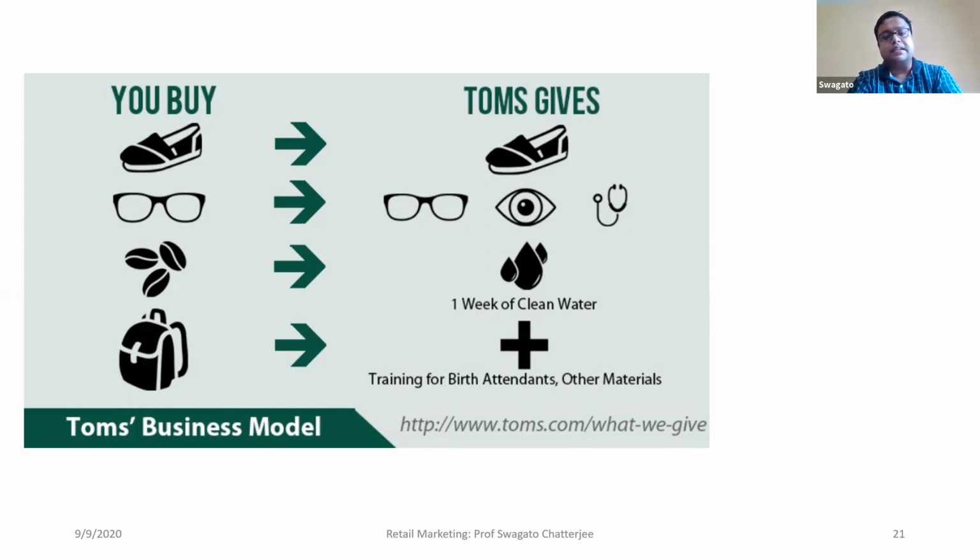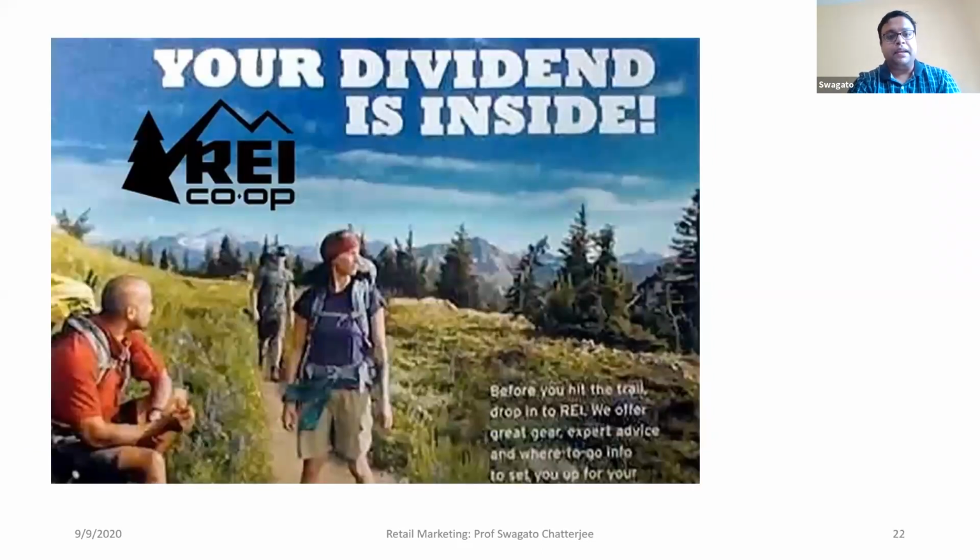You buy a bag, somebody gets training of birth attendants and other materials. So basically, they are saying that you purchase and I will not give any benefit to you, I will give it to somebody else. This is a totally social kind of benefit that they are providing. Not to you, but your ego gets boosted, that you feel, okay, we are doing good for somebody else. This is a hedonistic pleasure again.